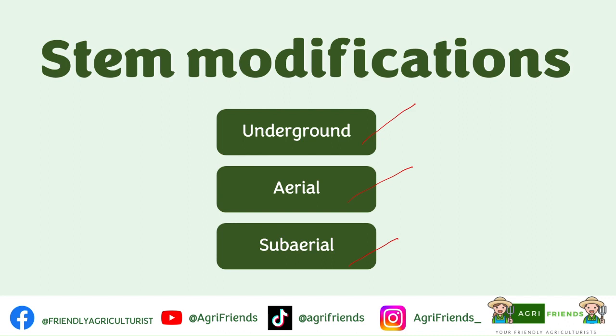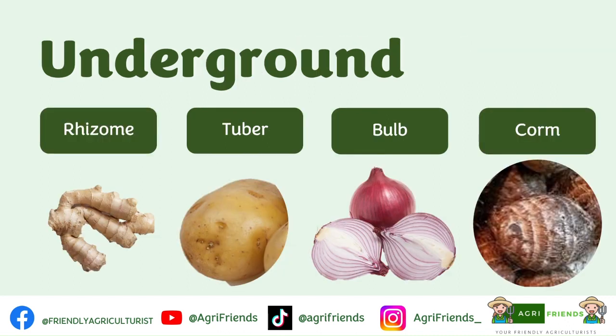So let's start with the underground modifications of a stem. Normally, these underground modifications are thickened, bulbous, and fleshy. And the main function is to store food, but they are also used for vegetative propagation.